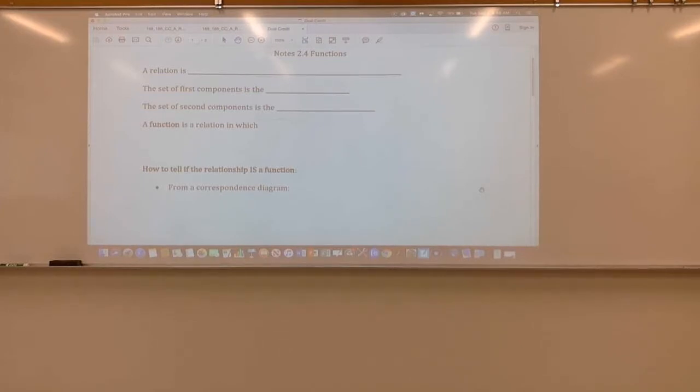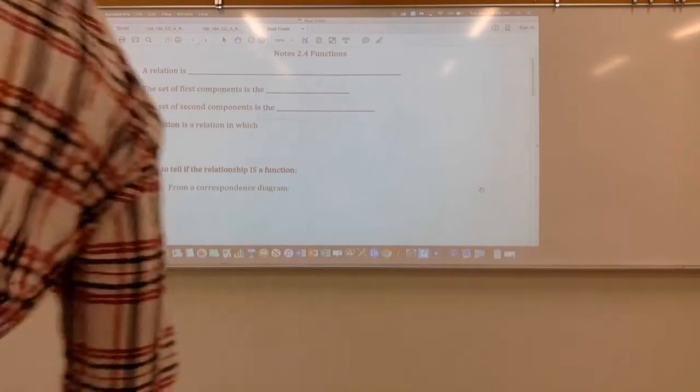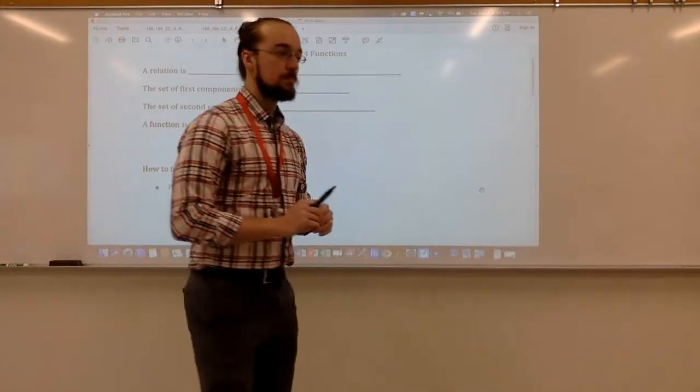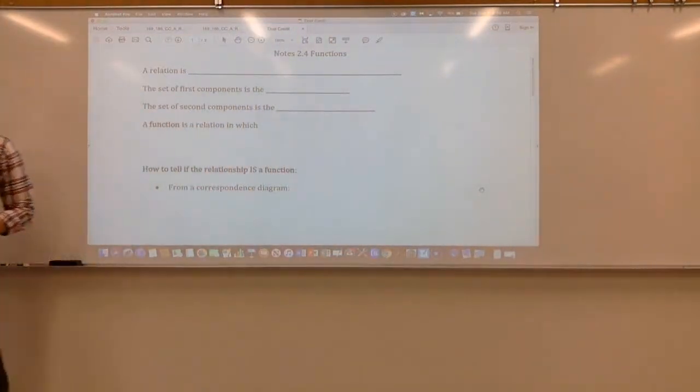Today we're going to talk about functions, and then we'll get into things like domain and range today as well. So first, a little bit broader than function: what's a relation? Does anybody remember how to define a relation?